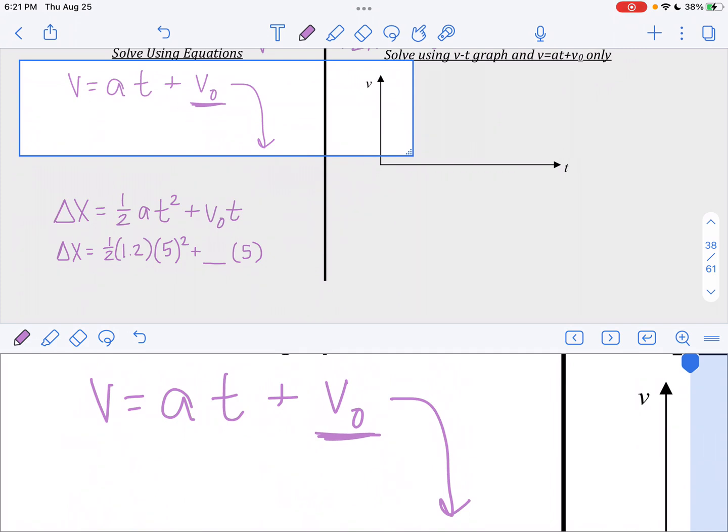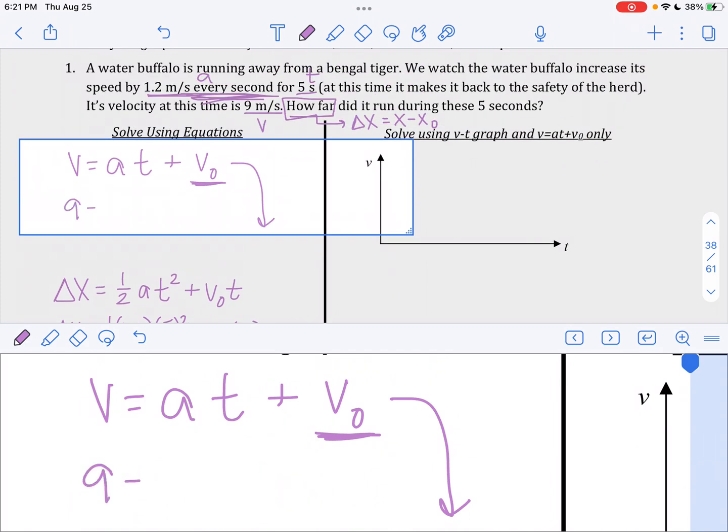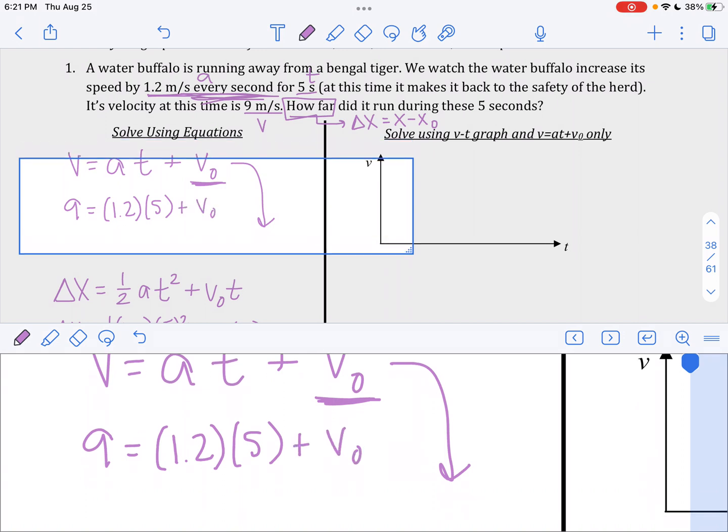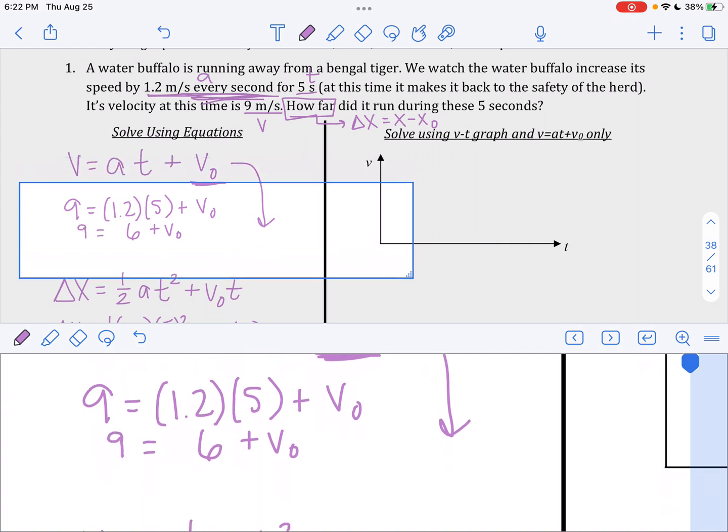So my final velocity is 9. My acceleration is 1.2. And my time is 5. Then I'm going to try to solve this for the initial velocity. So 1.2 times 5 is 6. And so I get an initial velocity of 3 meters per second.